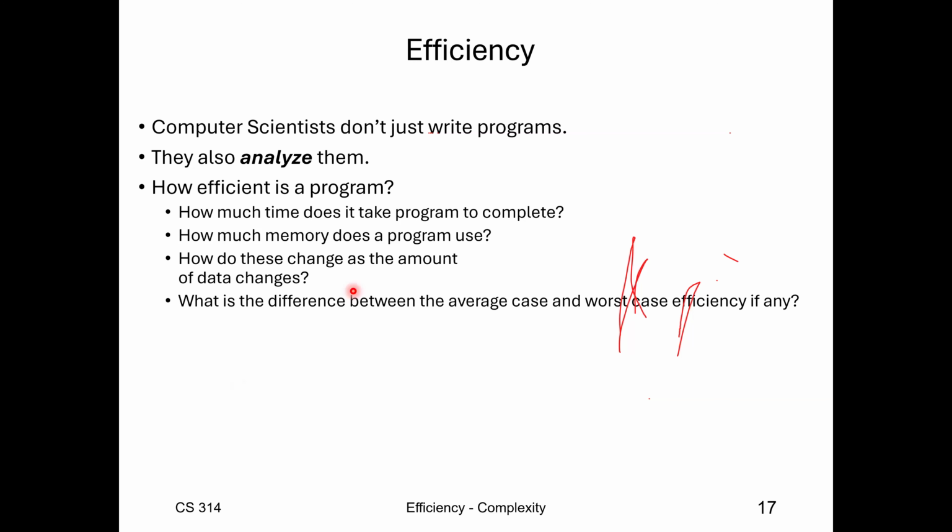These are fundamental questions that we ask ourselves as programmers, as information technology students, as computer science students. These are the pertinent questions that we ask ourselves before we can make a determination on the efficiency of an algorithm. Now, the last question there says, what is the difference between the average case and worst case efficiency? We'll talk about that more in just a bit. But I hope you are clear with these three key criteria that we are talking about.